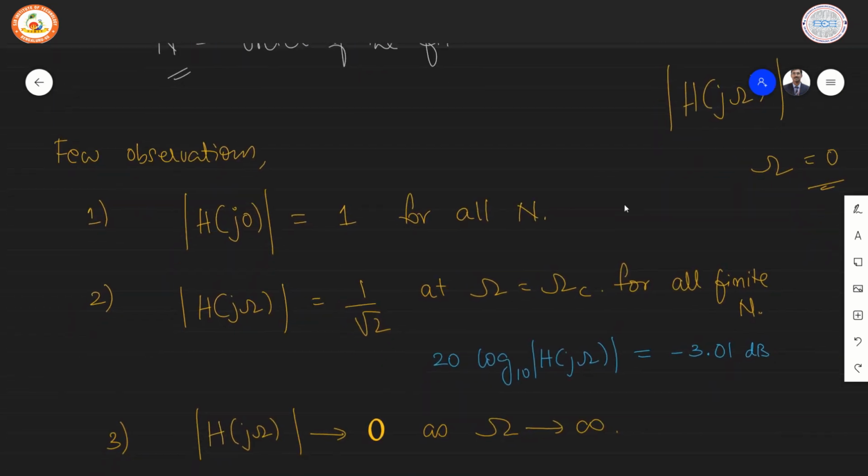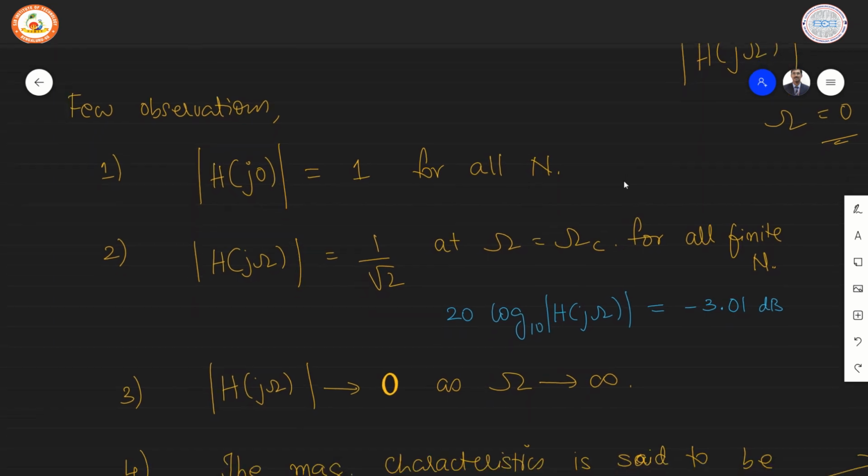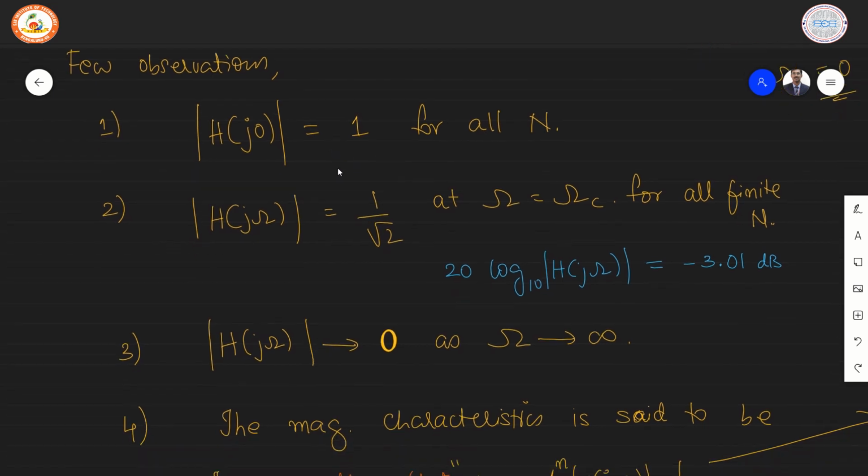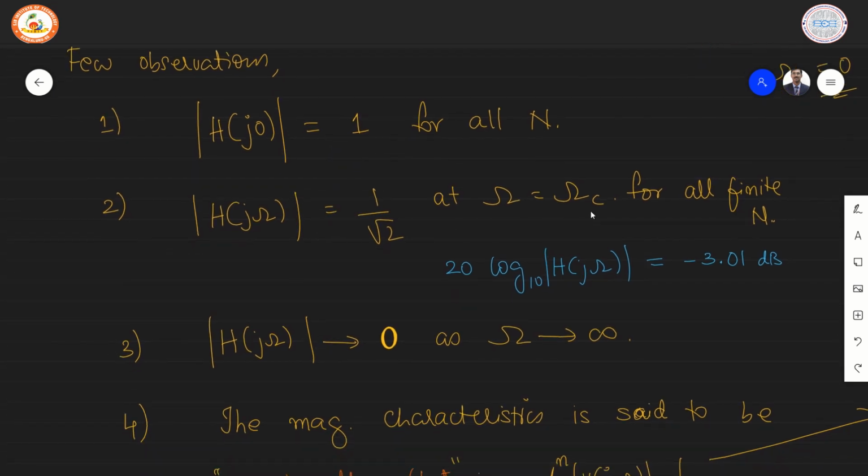Now, if we are measuring the magnitude frequency response at omega equal to 0, you should note that all of them should have a gain which is equal to 1. That is, irrespective of the order, the value of gain at omega equal to 0 should be equal to 1. The second point is that when the frequency is equal to the cutoff frequency, we should get a gain which is equal to 1 by root 2.